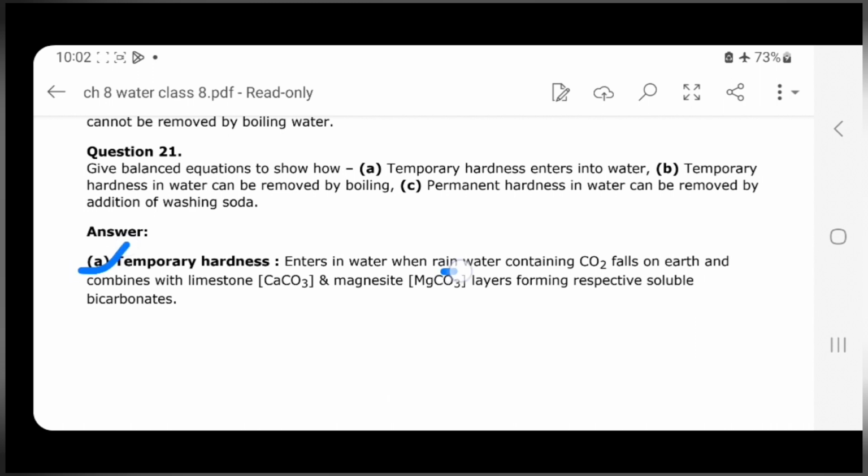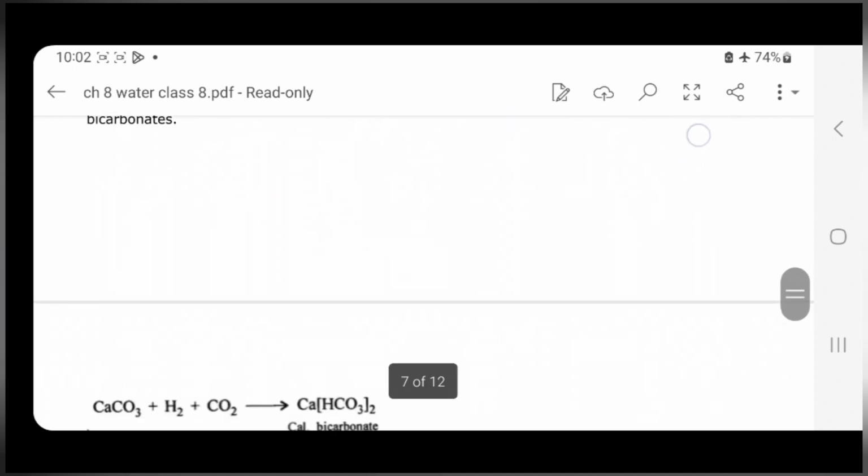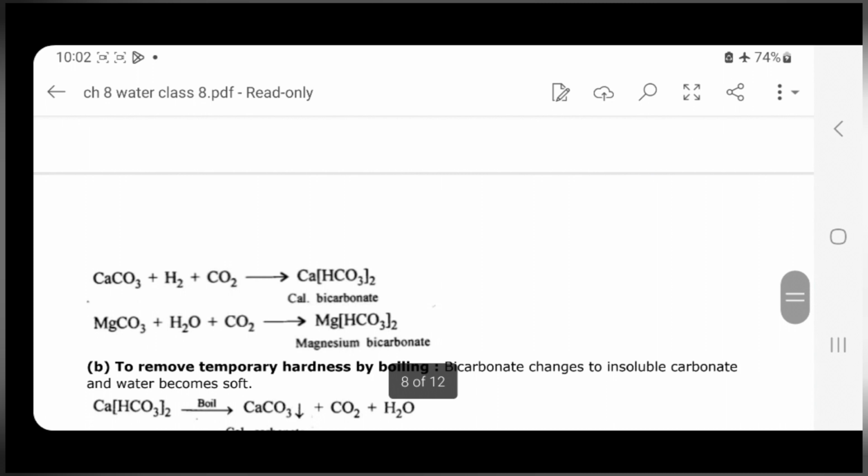It is coming from rainwater, because when rainwater falls on earth, CO2 dissolves in it and reacts with calcium carbonate as well as magnesite, which is magnesium carbonate, forming bicarbonates which are soluble in water.